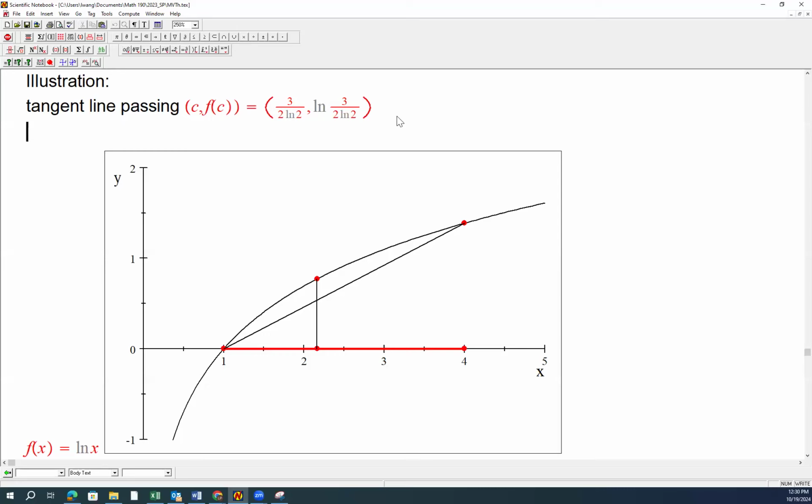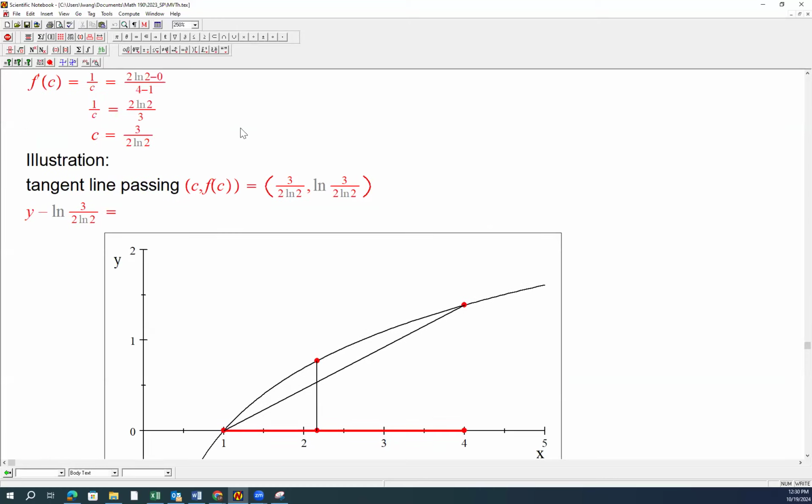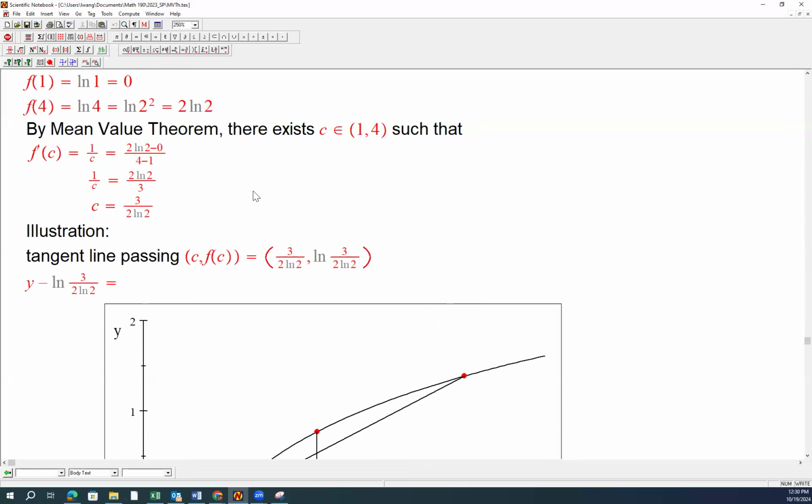We now know the slope already, right? The slope of the tangent line is the derivative of the function at the point. So the tangent line would be y minus f of C equals the slope. What is the slope? The slope is this piece.